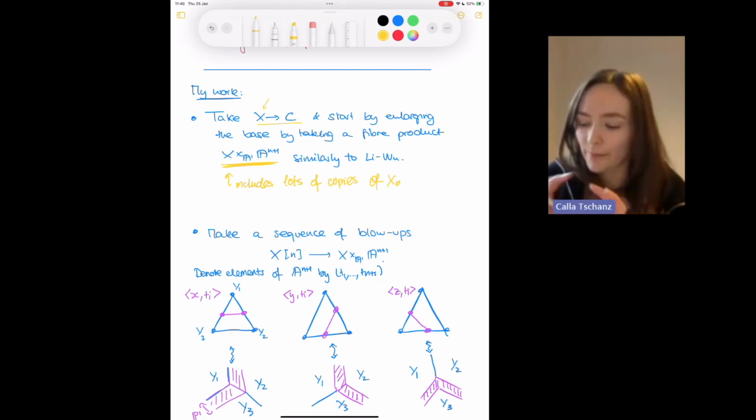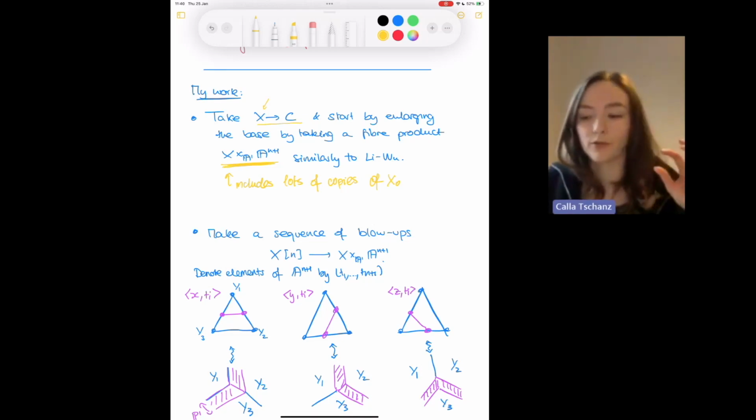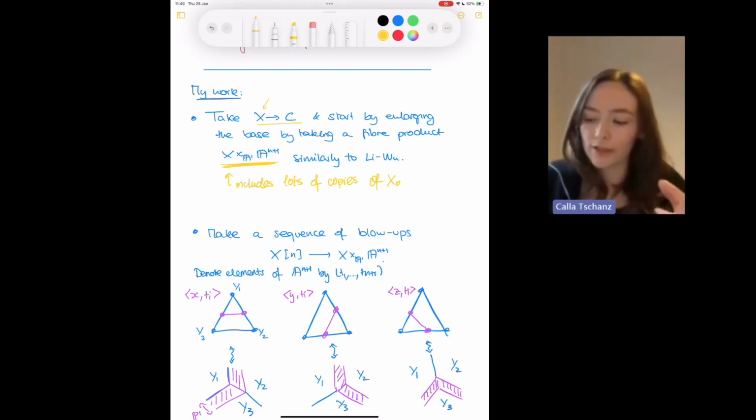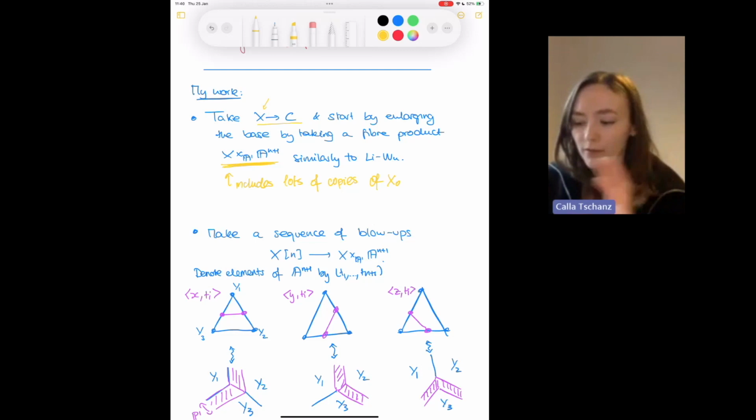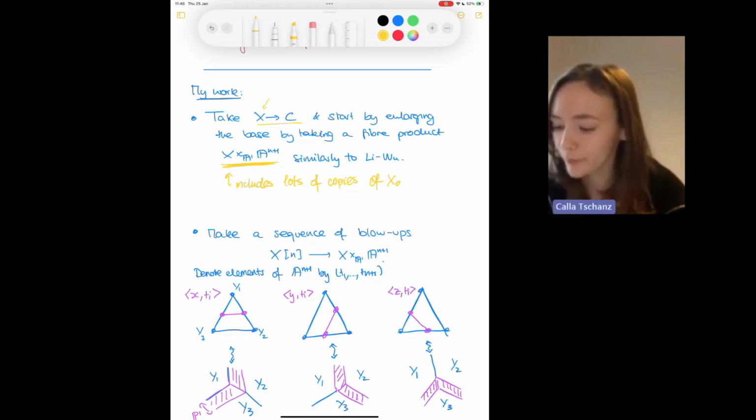So I will have lots of copies of X0 living in this big family, and then I will be able to make modifications to X0 inside of this family, hopefully in a nice way, so that I have all the modifications I need and I have some kind of coherent problem.